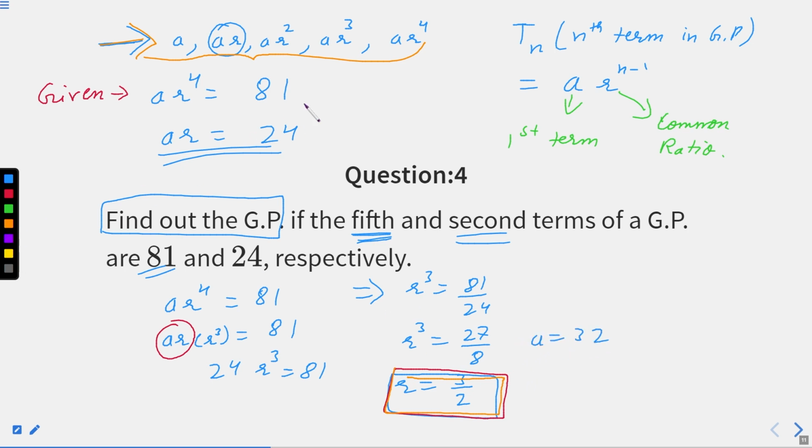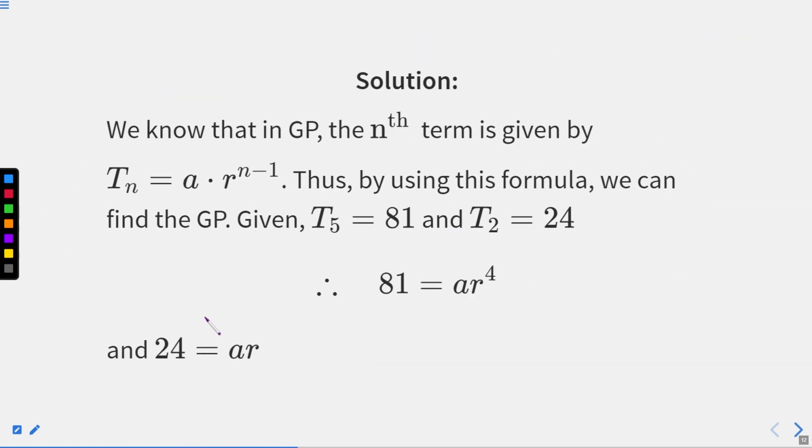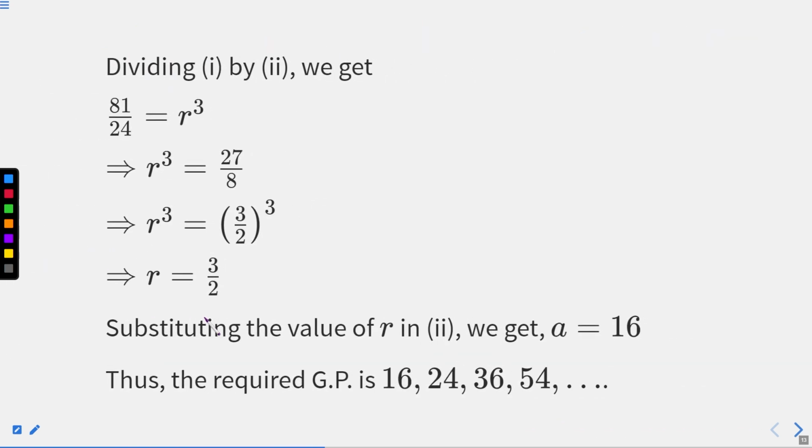So the first term is 32, the second term is 32 times 3 by 2, which will be 48. Now similarly we can find the other terms. Easy to do. Now let's jump to the next question.